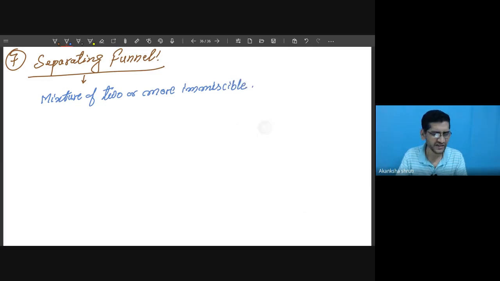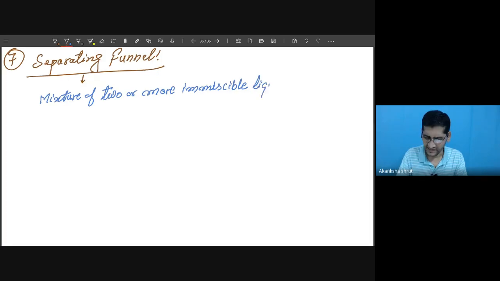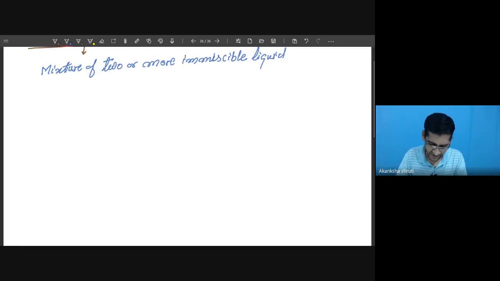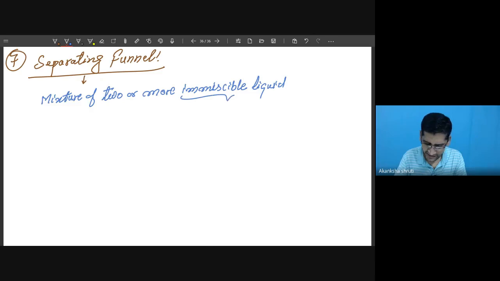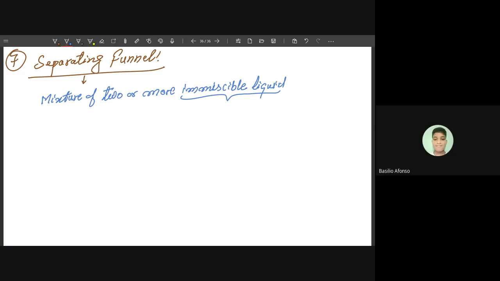Immiscible liquid. This term immiscible liquid itself indicates they are not mixing, but rather they are getting collected in different layers. The substances do not mix with each other.